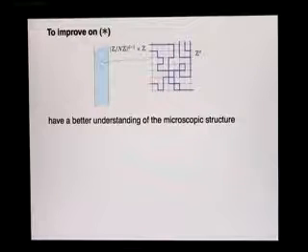So I'm going to be heading to a d which is bigger or equal to 3. Before, d was bigger or equal to 2, my case of interest. Now it will be d bigger or equal to 3. To improve on that question, you want to have a better understanding of the microscopic structure left by the walk.